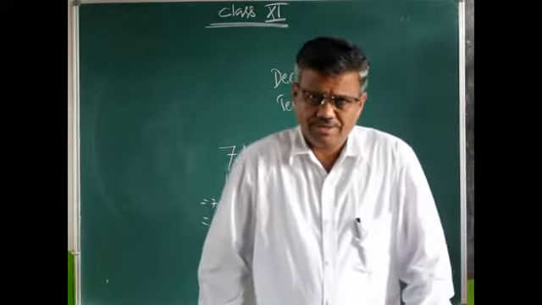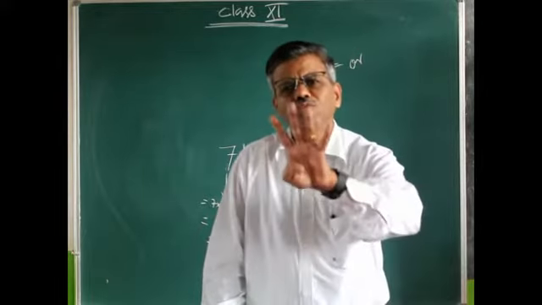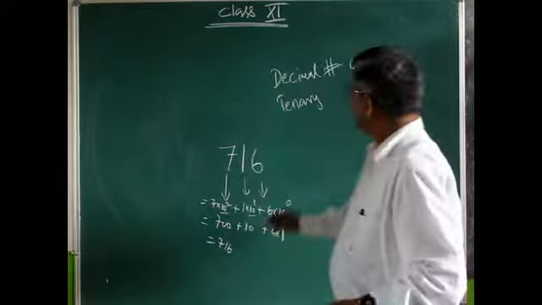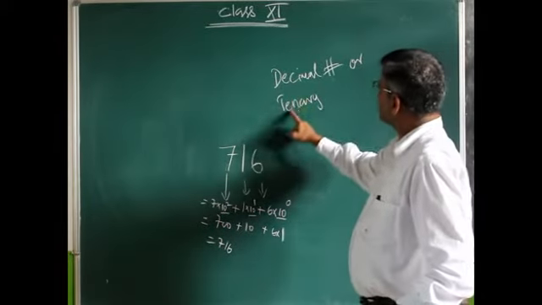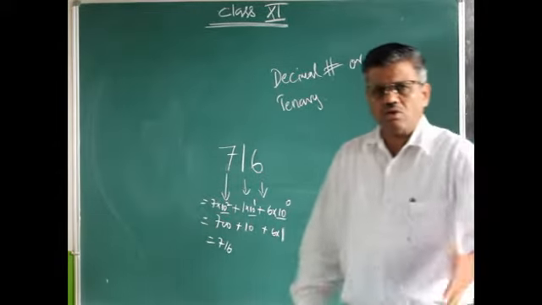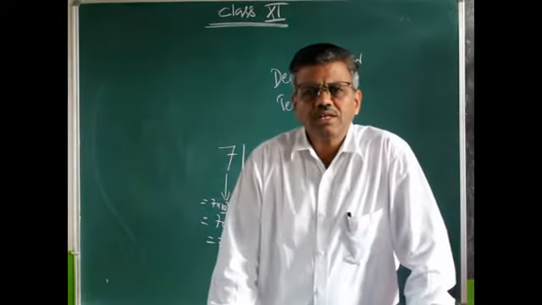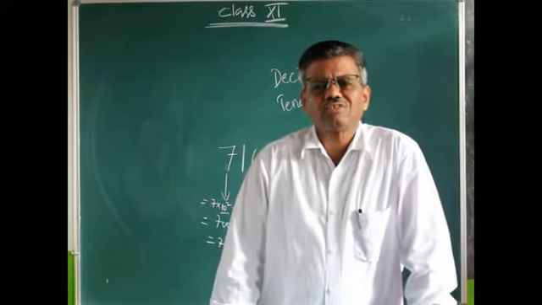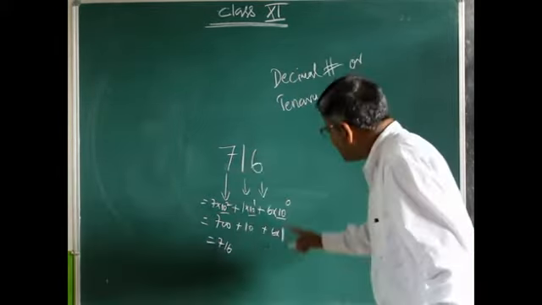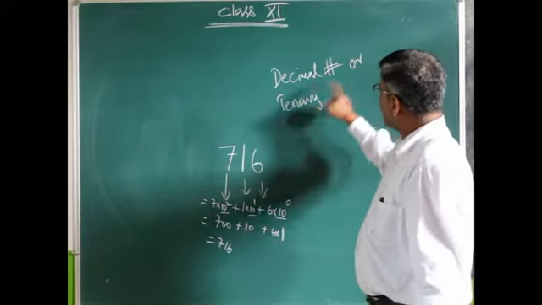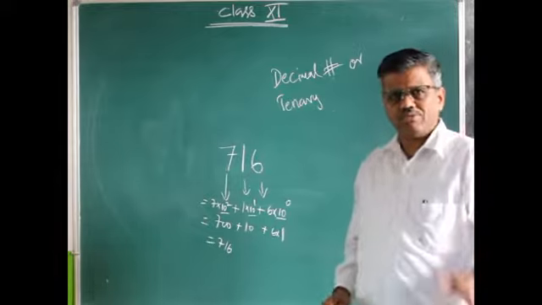All of us use only one number system, called the decimal number system. 10 numbers are there, 0 to 9, that's all. That's why we call it the decimal number system, or the base is 10.